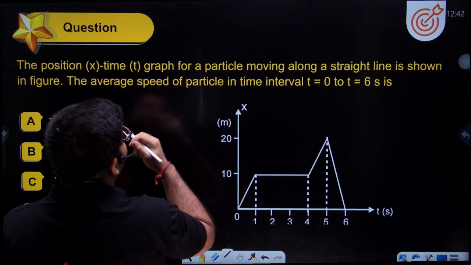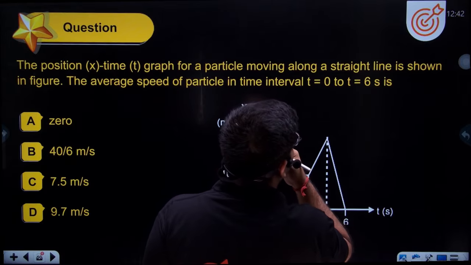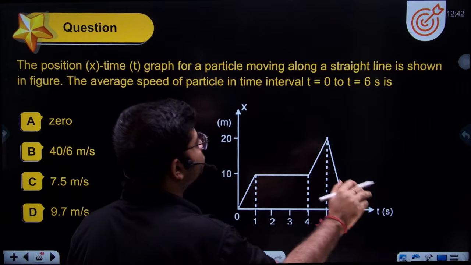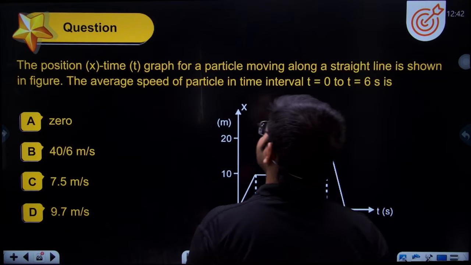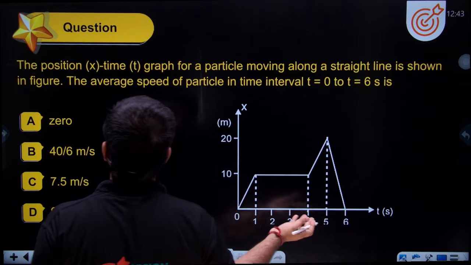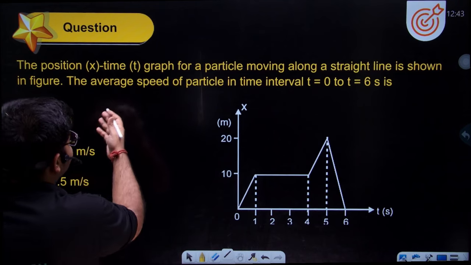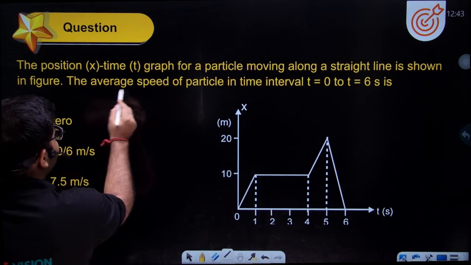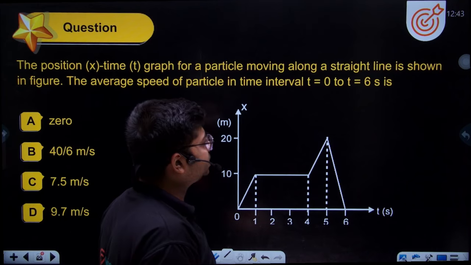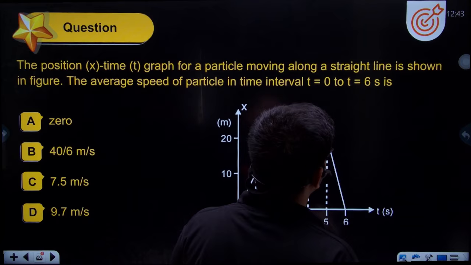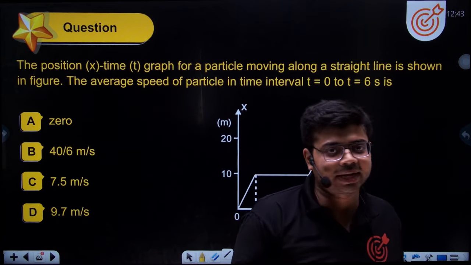So the xt graph for a particle moving along a straight line is shown in the figure. Now you are asked to find the average speed of the particle in the time interval from t is equal to 0 to t is equal to 6 seconds, right?